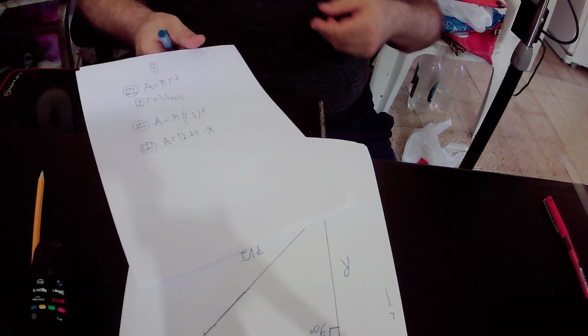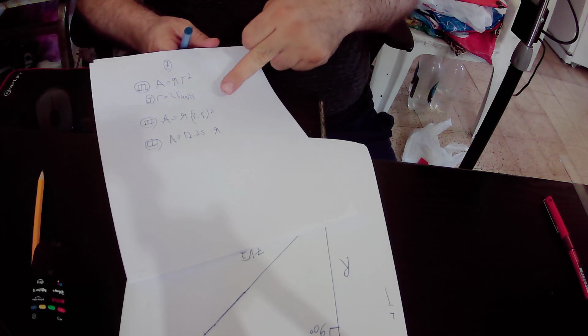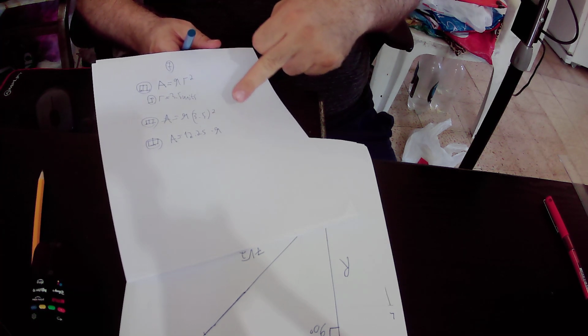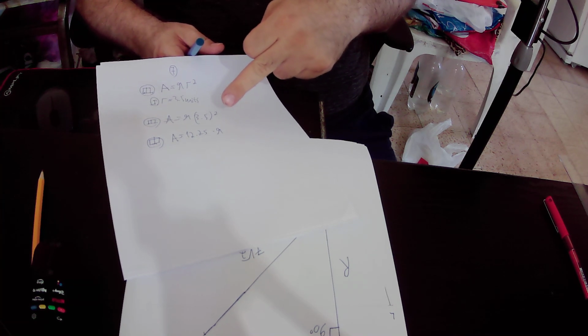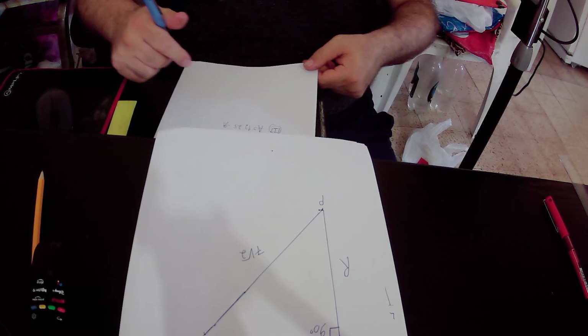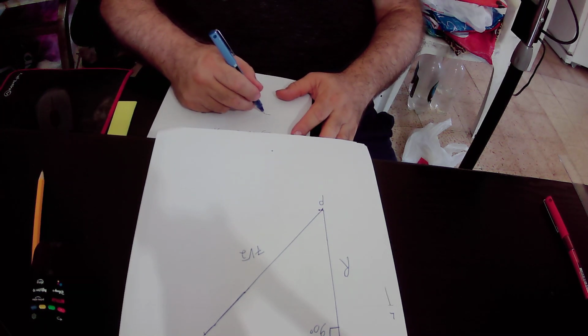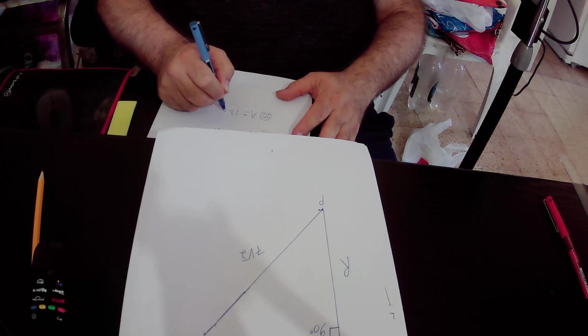Okay, 3.5 squared equals 12.25, and pi times 12.25 equals the area of the yellow circle. So the area of the yellow circle will be equal to 38.48 units.